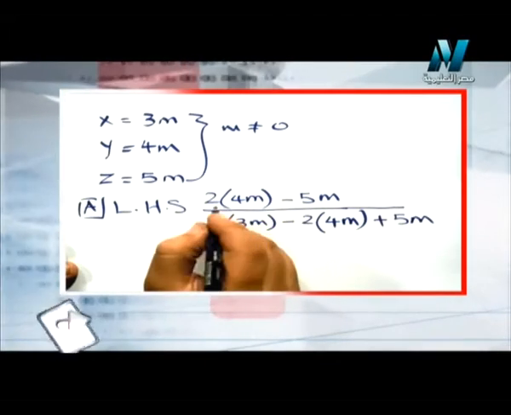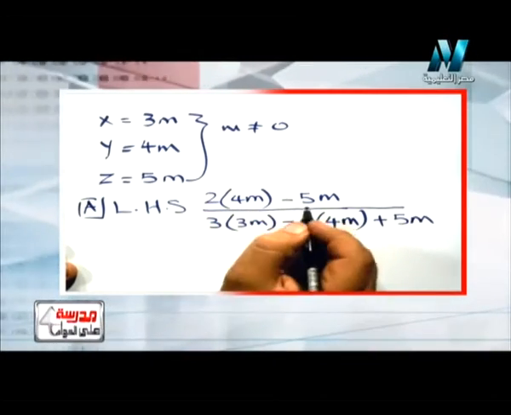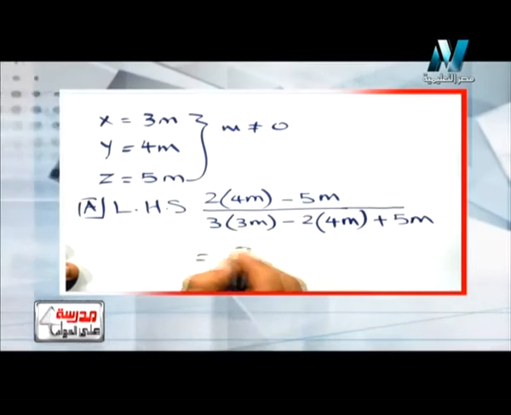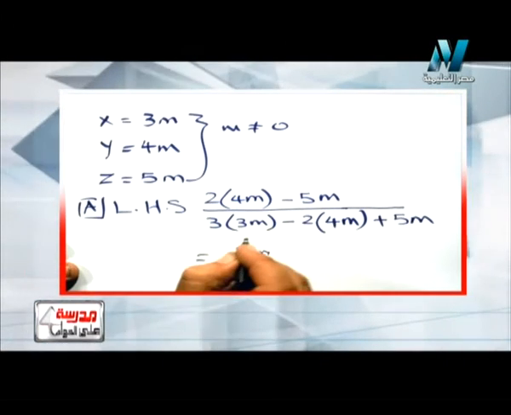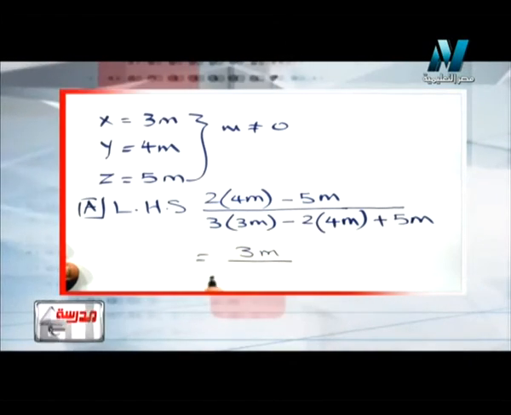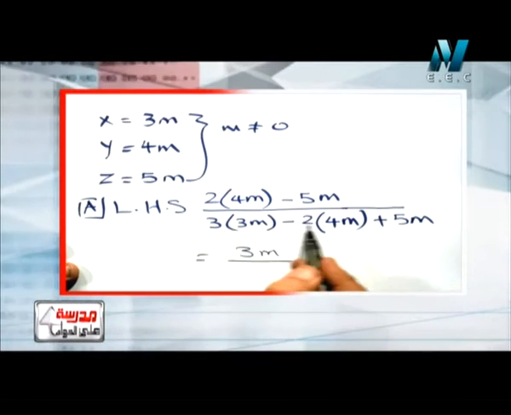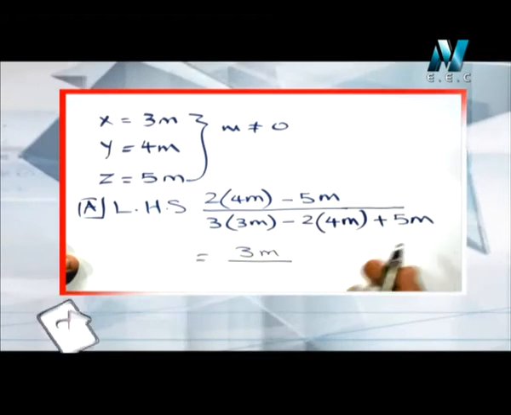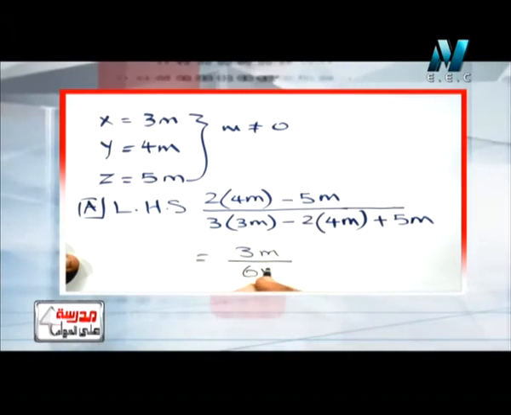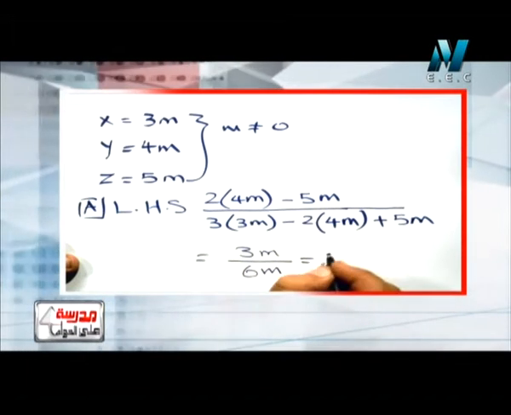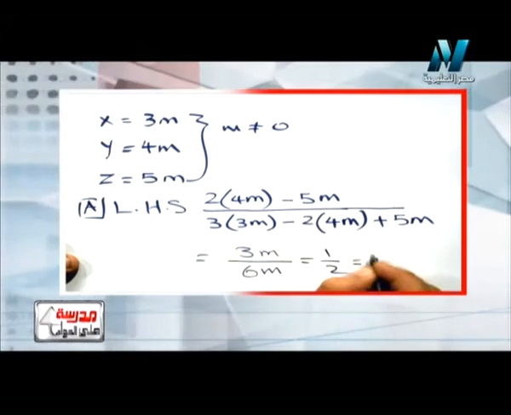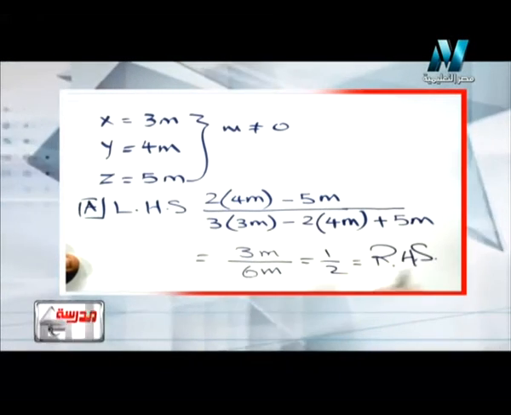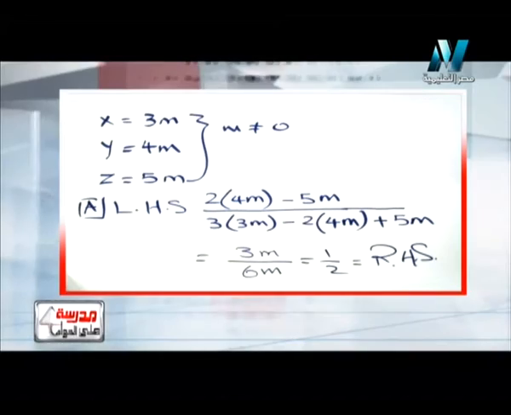Simplifying the like terms, 2 times 4m is 8m minus 5m, so the numerator is 3m, over 9m minus 8m plus 5m, and the denominator is 6m. Simplifying, the answer is 1 over 2, which is the right-hand side. So I have finished exercise 5, part A.